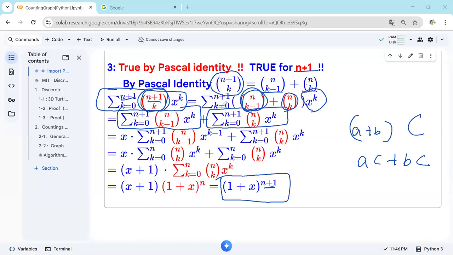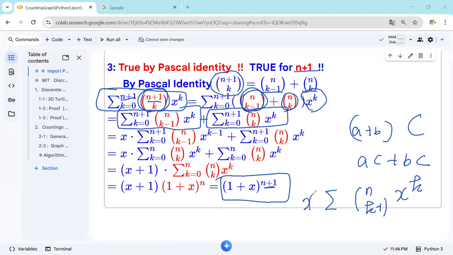This part is important. Look at this sum of n choose k minus 1, x to the k.